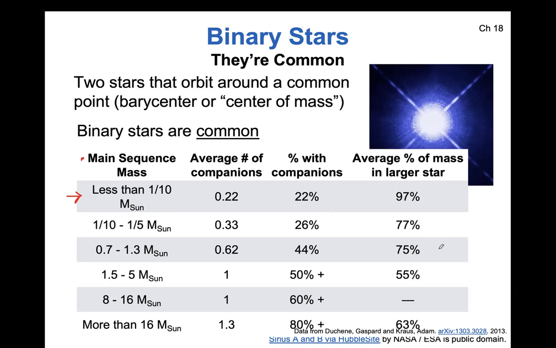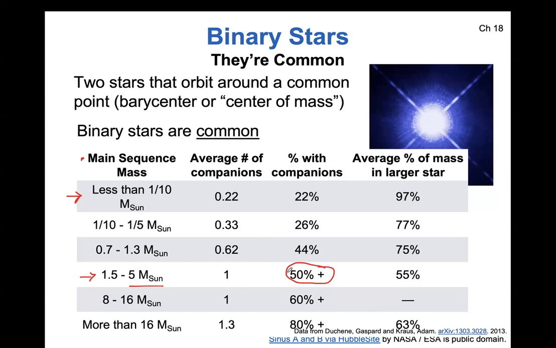Okay, so that's how you read this table, and you can tell there's really a lot to discern here. I'll point out as you go down. Let's look at stars that are a little bit bigger than our sun, so stars that have a mass that's 1.5 times the mass of our sun, up to 5 times the mass of our sun. In this case, they usually have one companion, and a full 50%, and perhaps more, so this is a lower estimate, of stars in this size range have a companion.